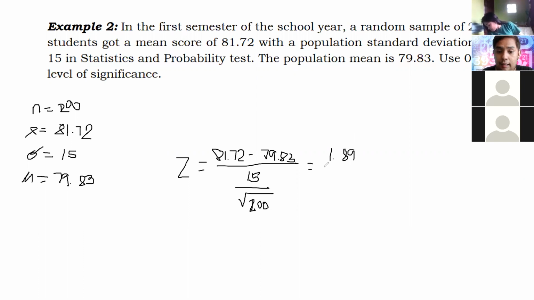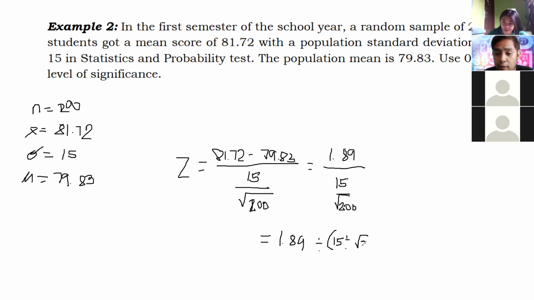Since it's very obvious na ang square root of 200 is not exact, huwag muna natin siyang kunin. So kung ilalagay natin to sa calculator, it will be 1.89 divided by, open parenthesis, 15 divided by the square root of 200.